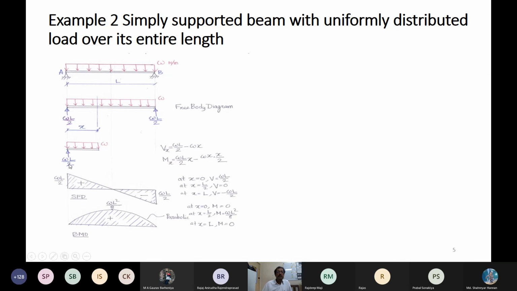Taking all upward positive: wL/2 minus w into x minus Vx equals 0. So you get Vx equal to this, and if you put x equal to 0, you get a positive value.